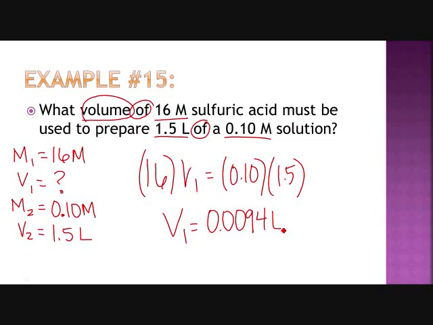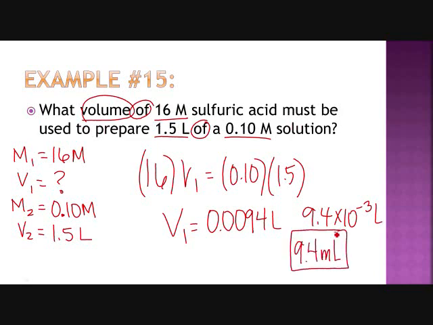If you would like to put that in scientific notation, you could. So like 9.4 times 10 to the negative 3 liters. But we're not going to be adding that in liters to our solution. Instead, we'll probably add it in milliliters. So that would be 9.4 milliliters.